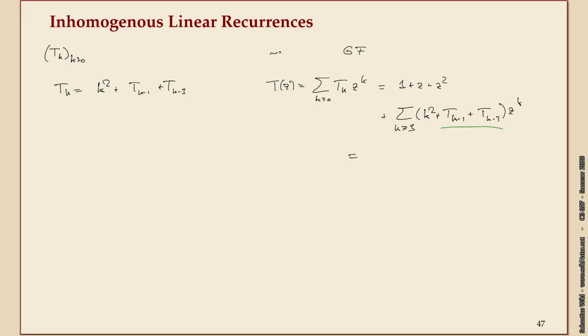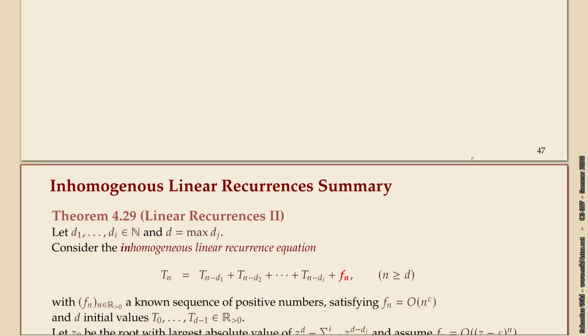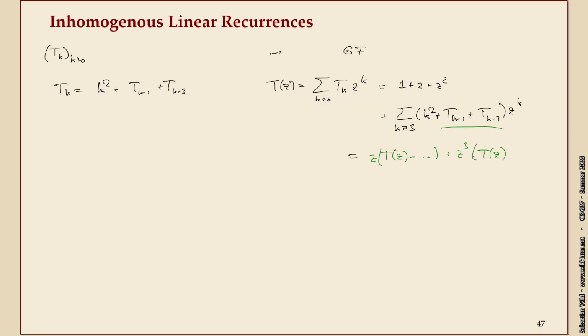So the green part becomes some, I guess here we pull out one z, and then t of z, I probably have to subtract some. And then there's a z cubed, t of z. And because I'm starting at 3, so this one's probably fine as is. This one needs some subtraction because I start at 3 when the generating function would have started at 1.